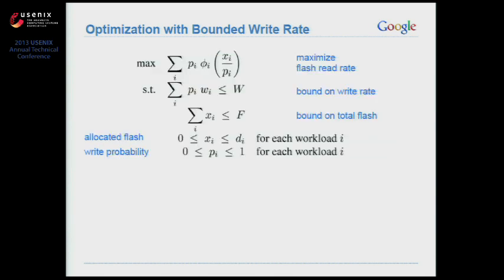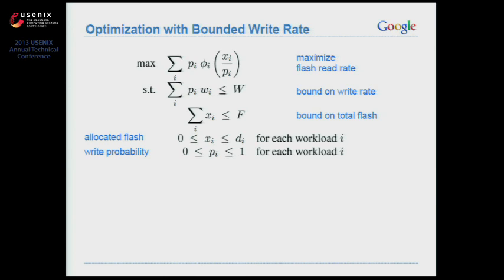This is a mathematical optimization problem. And here you see the formulation. For each workload, we have two primary variables: xi, the amount of flash we allocate to the workload, and pi, the write probability, introduced in the last two lines here. The objective is to maximize the flash read rate.